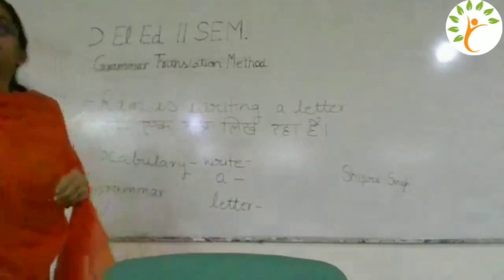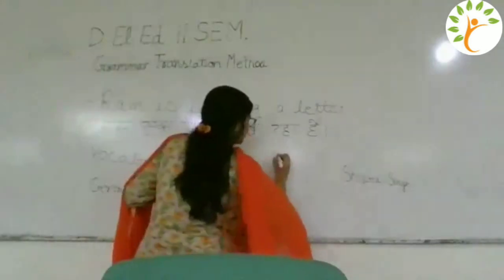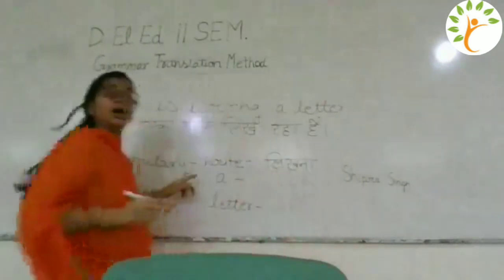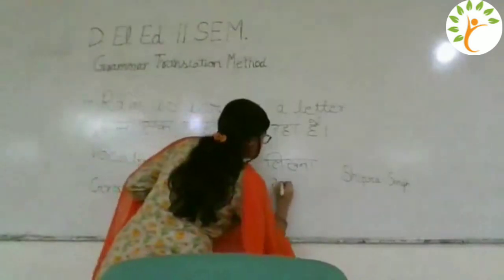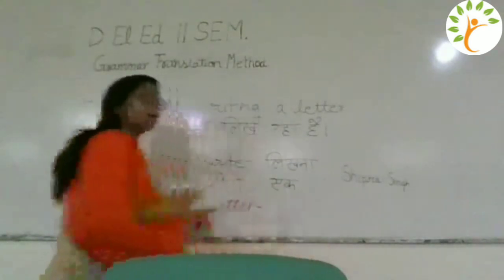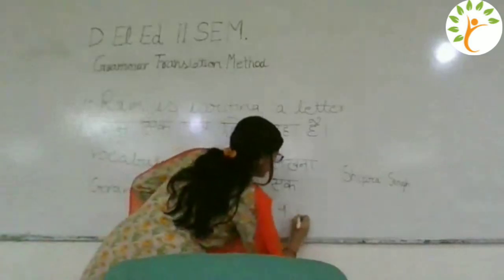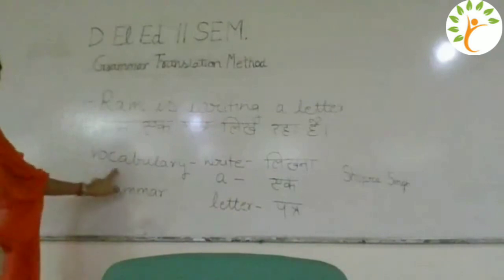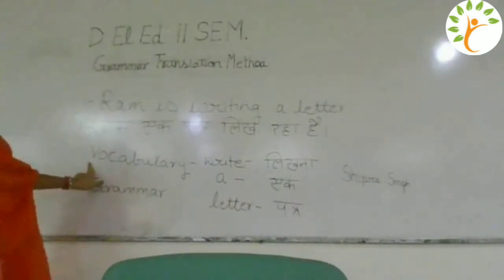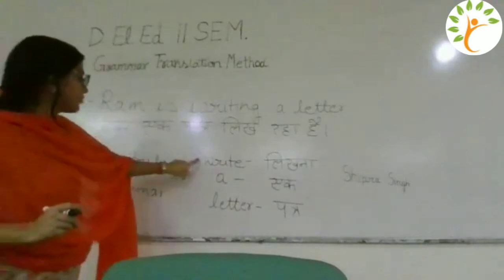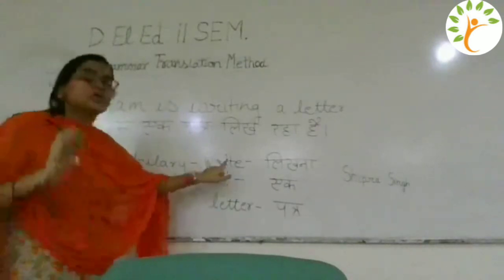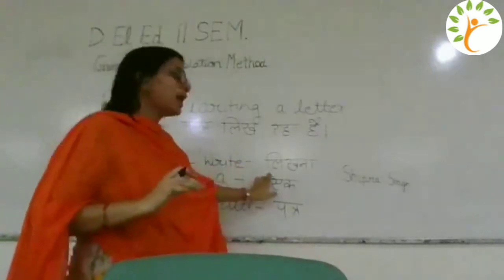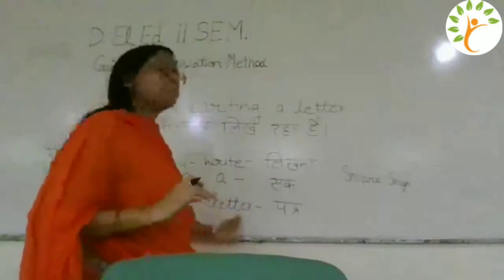Now write means likhna, a means ek, letter means patra. So the sentence has two aspects. One is vocabulary and the second is grammar. We have seen this vocabulary aspect, that there are words like write, letter. The student has to memorize the meaning of these words into their mother tongue. Like write means likhna, a means ek, and letter means patra.